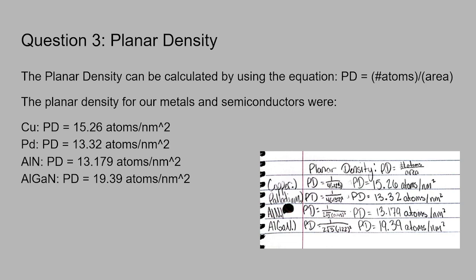For palladium, it was 13.32 atoms per nanometer squared. For aluminum nitride, it was 13.179 atoms per nanometer squared. For aluminum gallium nitride, it was 19.39 atoms per nanometer squared. You can see how they were calculated in the bottom right.